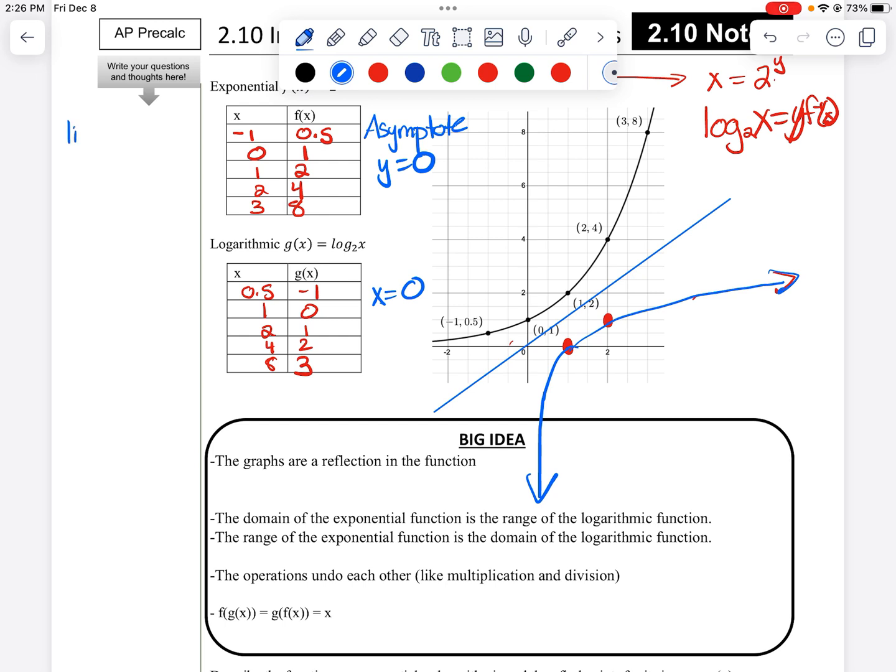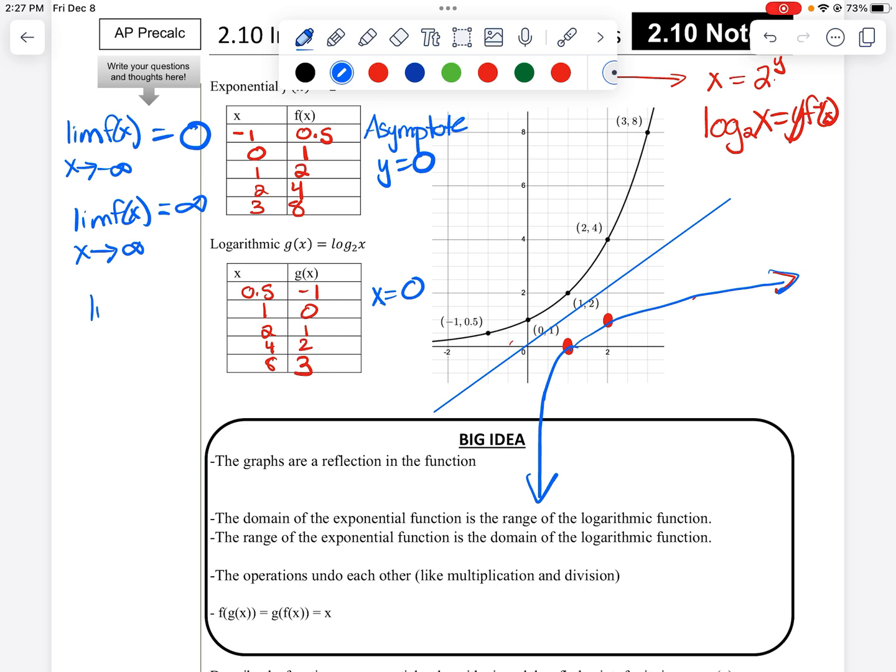So again, we could write our limit notations here. For the exponential, the limit of f of x as x goes to -infinity goes to 0. It's leveling off at 0. As x goes to +infinity, it's infinity.